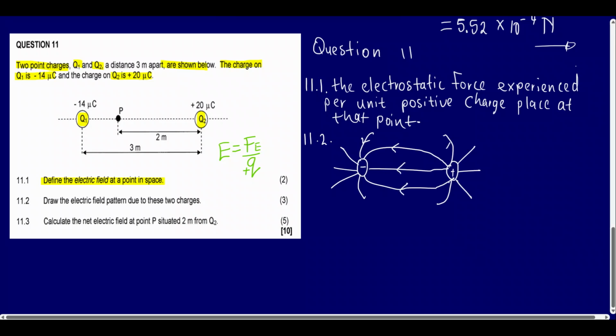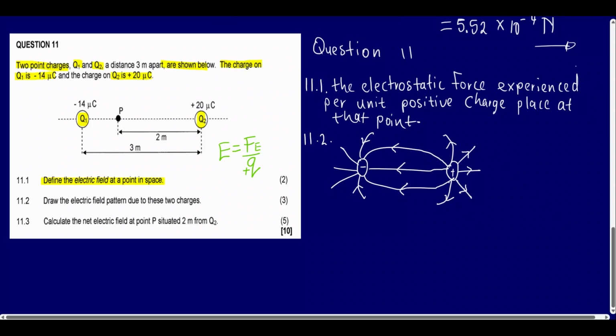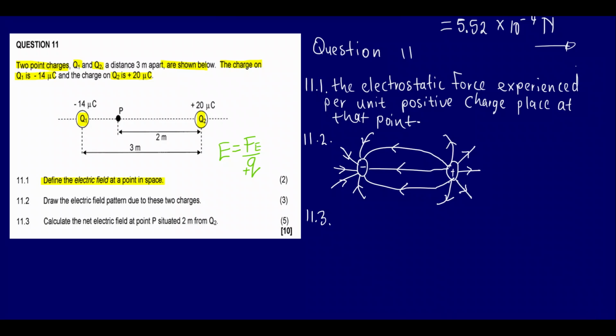You will see this. Like we said, the field lines move outward from the positive and inward into the negative. So those are the field patterns there. Now let's move on to 11.3.